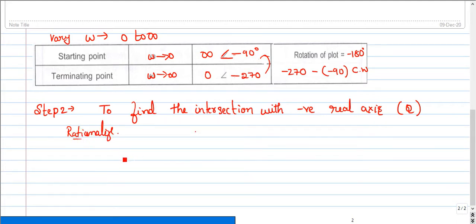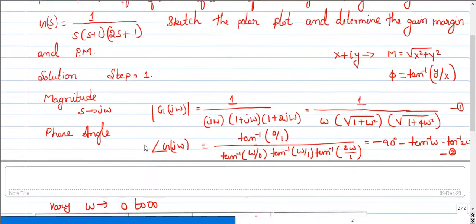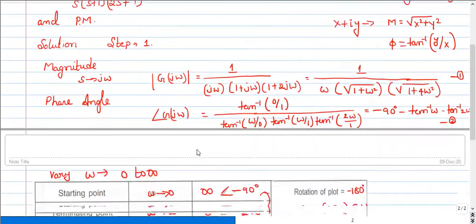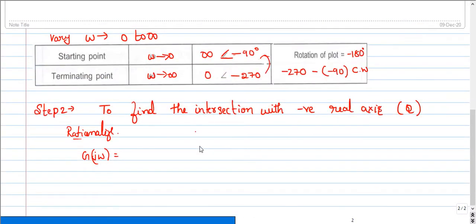So let me consider the problem, that is G of j omega, which is equal to 1 by s plus 1, and s into s plus 1. So let me write 1 by, s I will write as j omega, 1 plus j omega and 1 plus 2j omega.